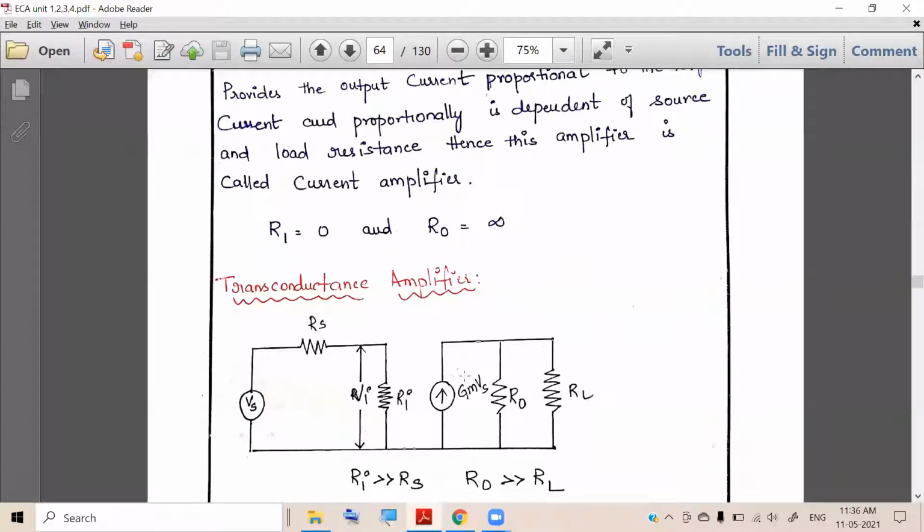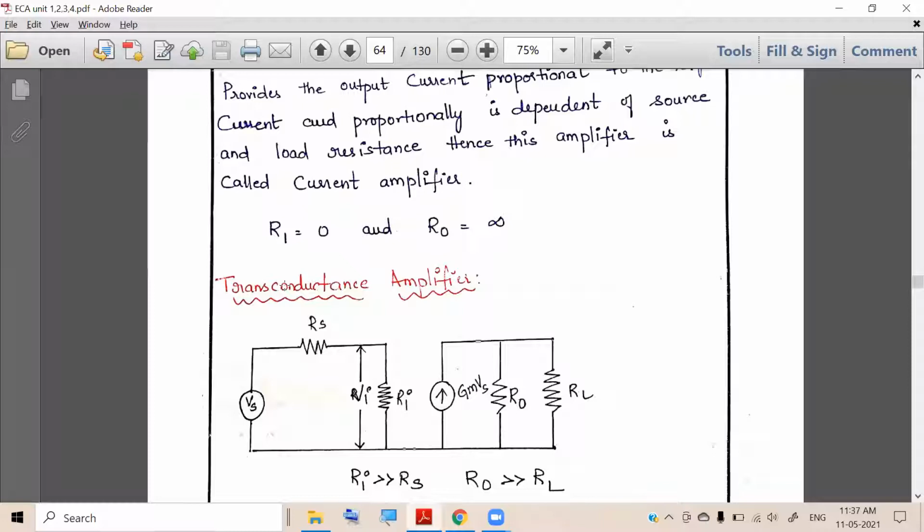The entire current has to preferably go to RL. Current always flows through low resistance, so the condition should be RL much less than Ro. So these are the conditions for the transconductance amplifier.